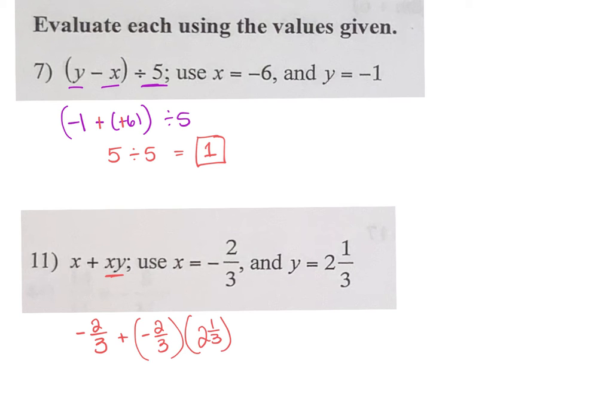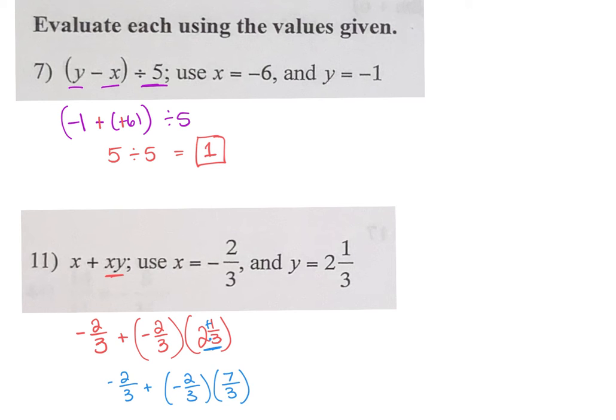You don't want to multiply a mixed number, so you definitely want to change that to an improper fraction. So how do I change this to an improper fraction? We multiply, plus. So we leave this guy alone here, and we change this to 3 times 2 is 6, plus 1 is 7. So this is going to be 7/3.